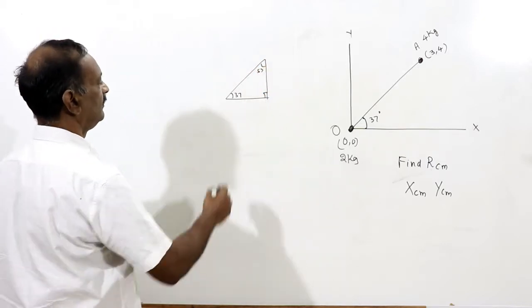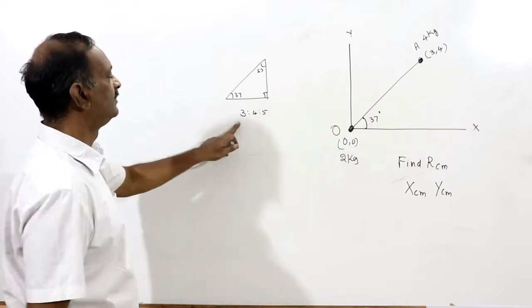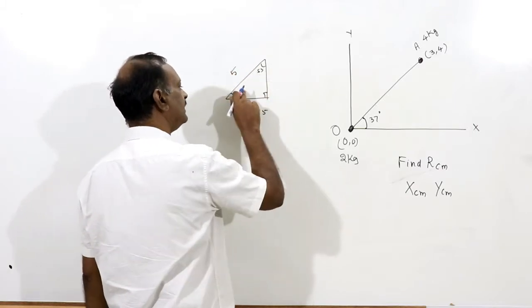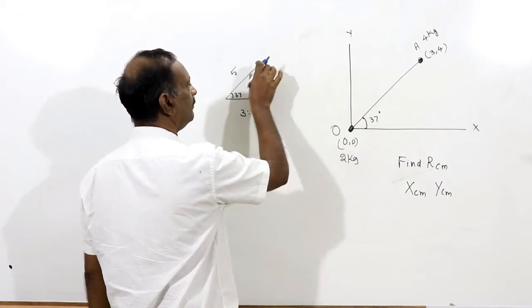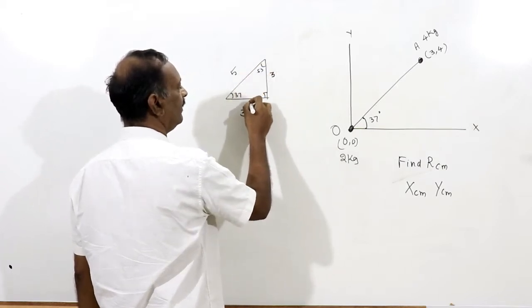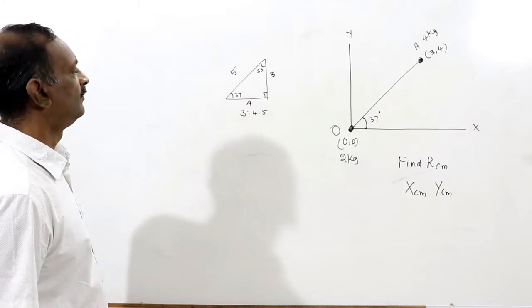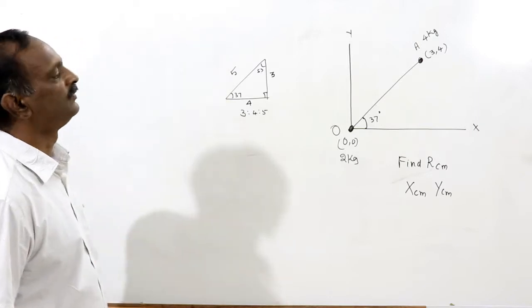So this will always be in the ratio 3:4:5 trigonometry. 3 square plus 4 square is equal to 5 square. The small angle will have the smaller side, that is 3, and the bigger angle will have the bigger side out of these two. So sin 37 is 3 by 5, cos 37 is 4 by 5.